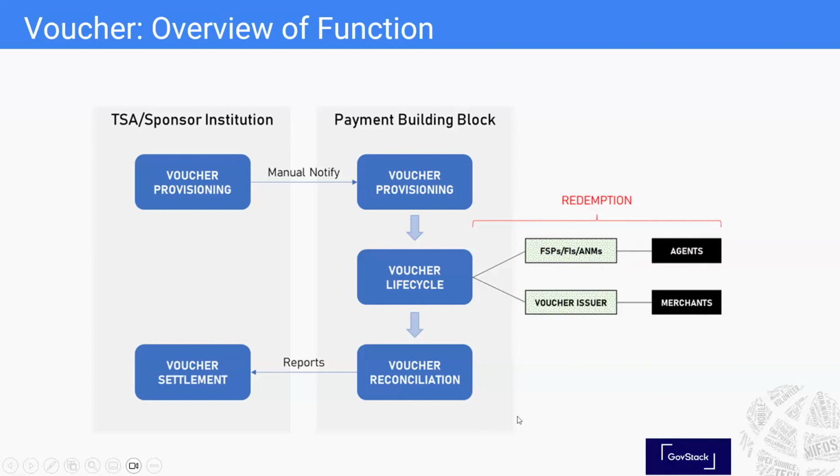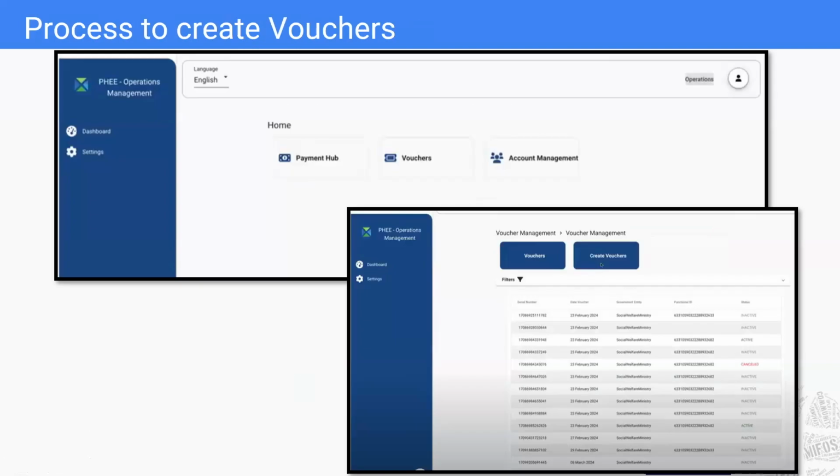So this gives an overview of the entire voucher creation life cycle. The important point to note is that if this process is successful, the voucher IDs that are created would be reflected back at the end of it.